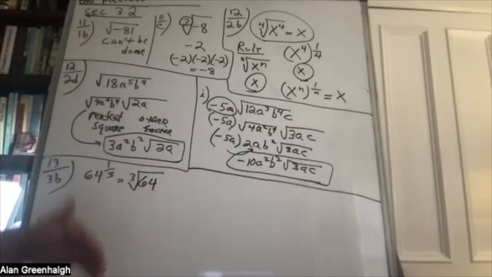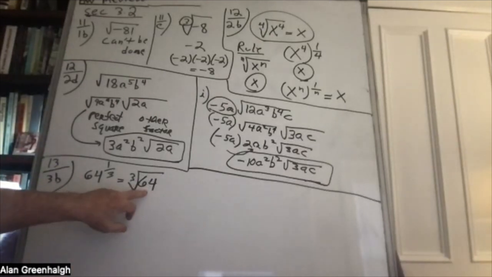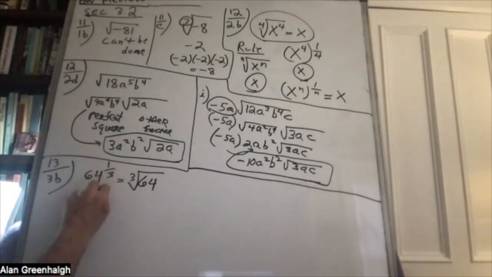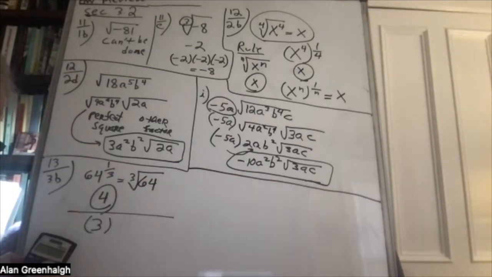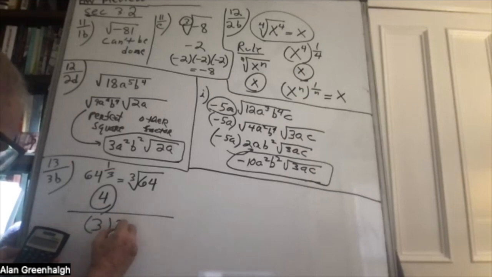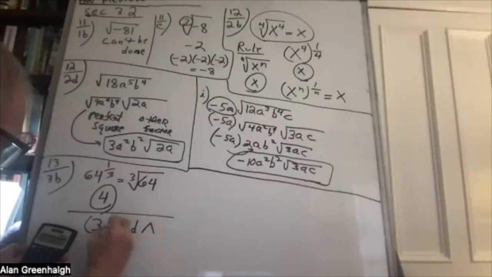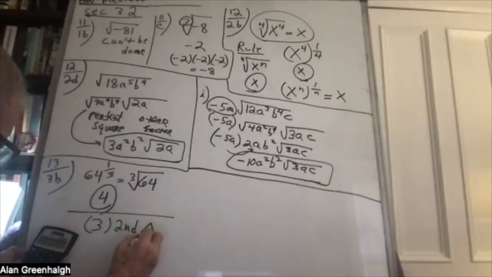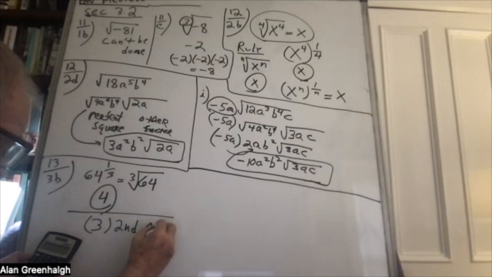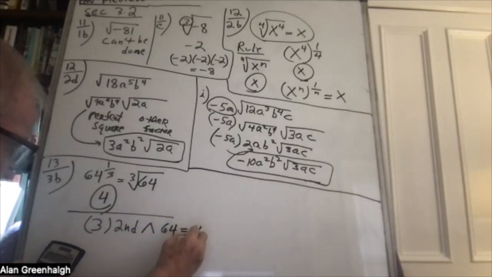What number times itself 3 times will give you 64? Now, I happen to know it's 4. I pressed a 3, then I pressed second function, that symbol, right? And then I put the 64 into it, and I got 4 as an answer.